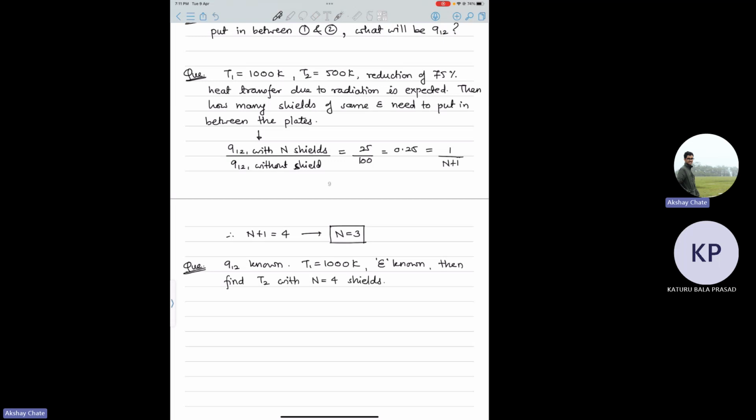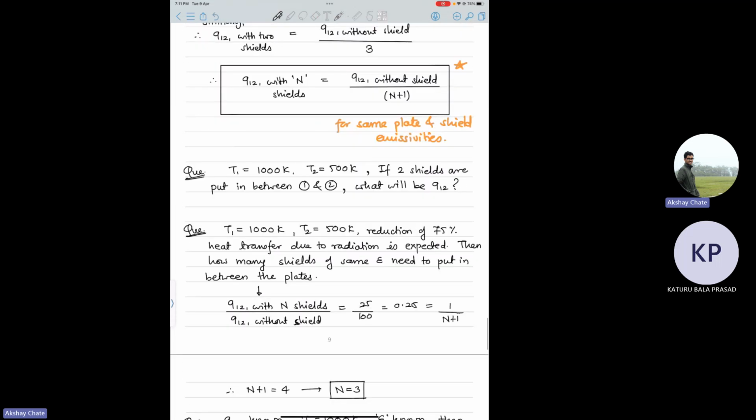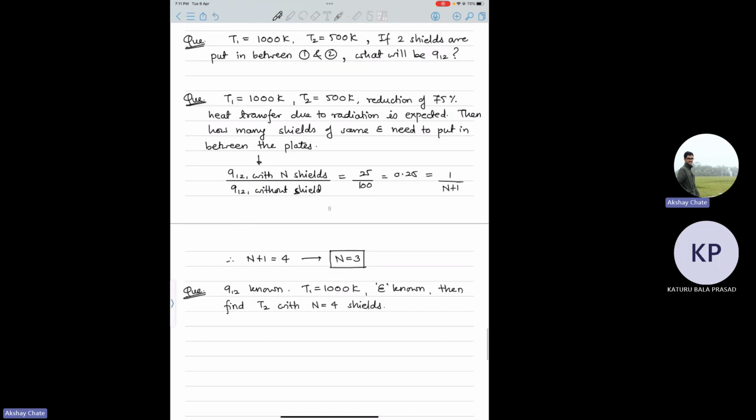So basically now I am playing with the temperature. So far I played with the number of shields, which is n. Then I played with the Q. So what will be the Q after putting 4 shields? Something like that, knowing T1 and T2. Now there can be a third variation of the problem where you don't know one of the temperatures, but you know the heat transfer rate, and you know how many shields you have put in. So that can be a third variation of the problem.